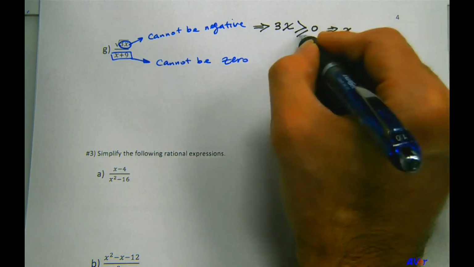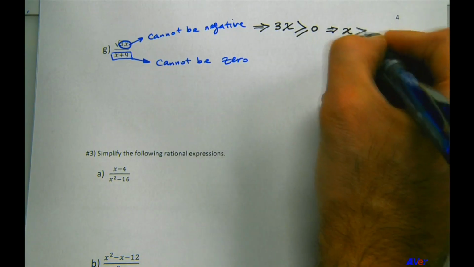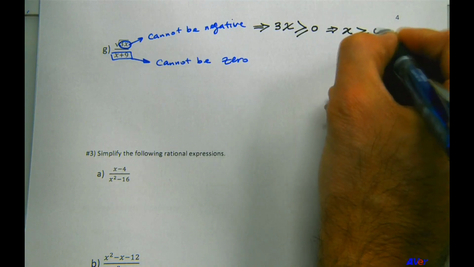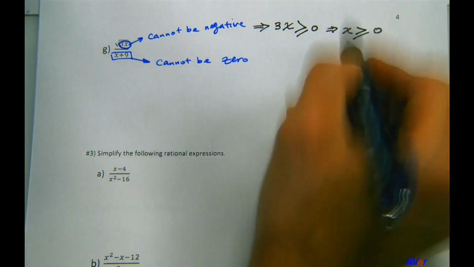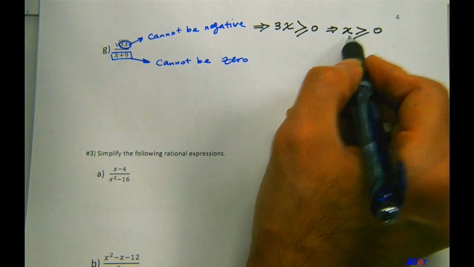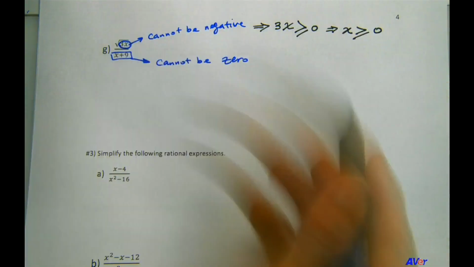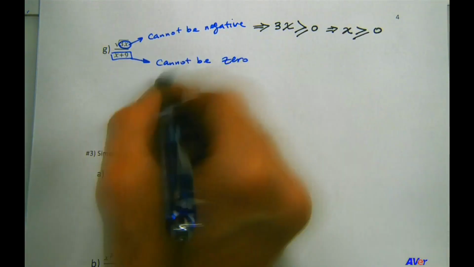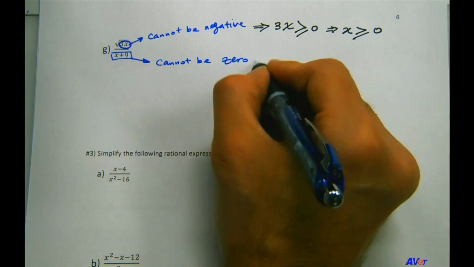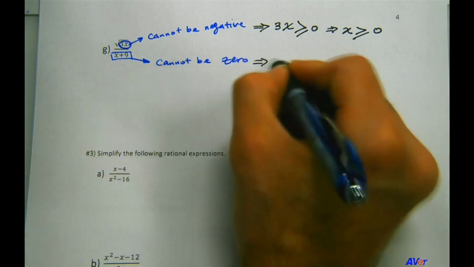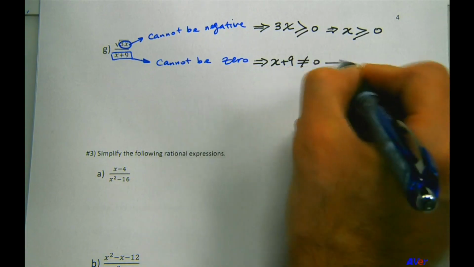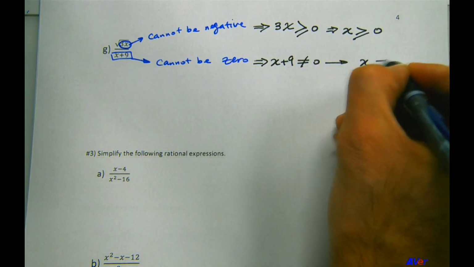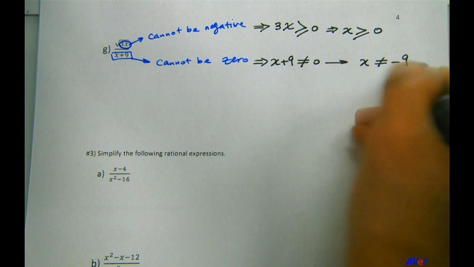Divide both sides by 3. What do you get? X greater than or equal to 0. That's the restriction on x from the numerator. Let's see the restriction on x from the denominator. So from here, x plus 9 cannot be equal to 0. Therefore, x cannot be equal to -9.